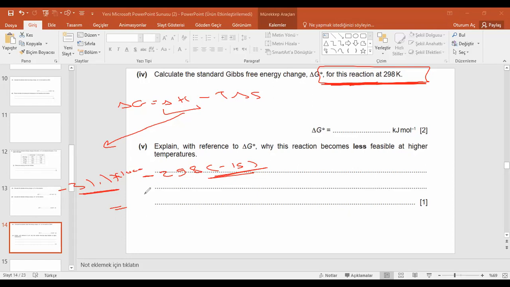So this one will be minus 31100, and this one will be plus.